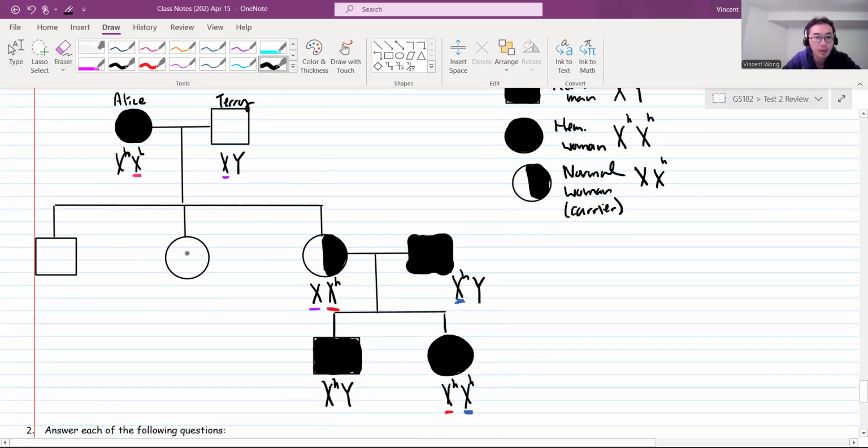Now, how about these people? Can we say anything about them? Well, the son is definitely colorblind. Sorry, he definitely has hemophilia, because the dad can only pass on the Y, and the mom is definitely passing on a disease H. And what about the daughter? Do we know for sure what the daughter is, or do we need more information?